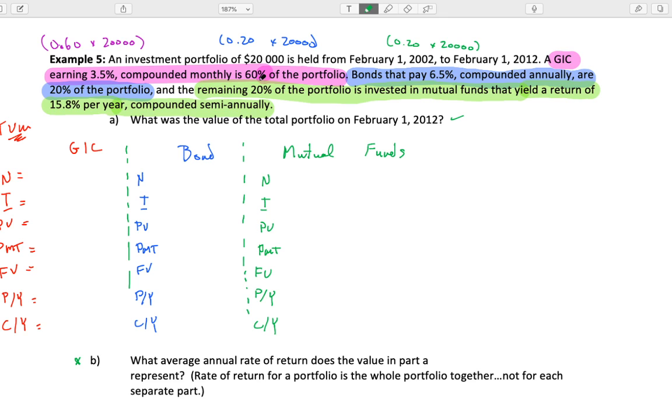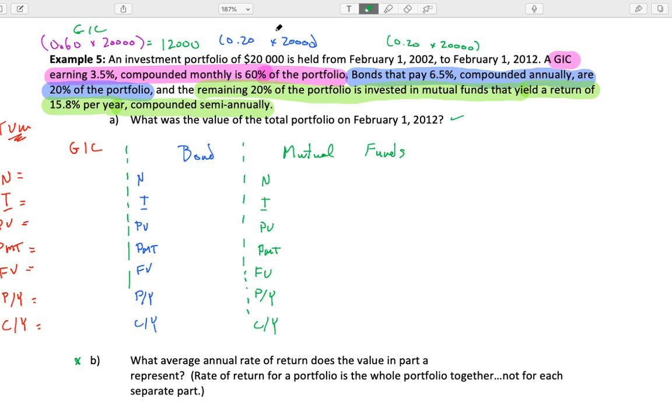Now for my GICs, maybe this is the wrong color, but if 60% of the portfolio is GICs, that means 60% of $20,000, which is $12,000.